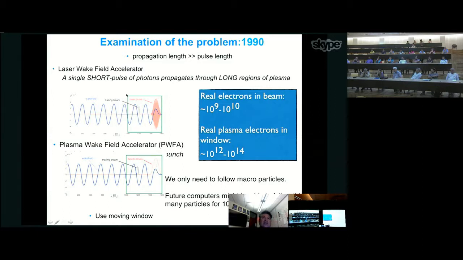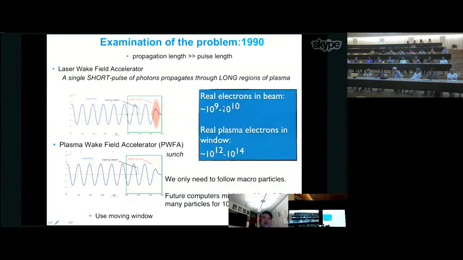So inside of this window, in a real plasma of 10 to the 16th density or so, or higher, there's only 10 to the 12th to 10 to the 14th particles. And the number of real electrons in this beam was 10 to the 9th to 10 to the 10th.